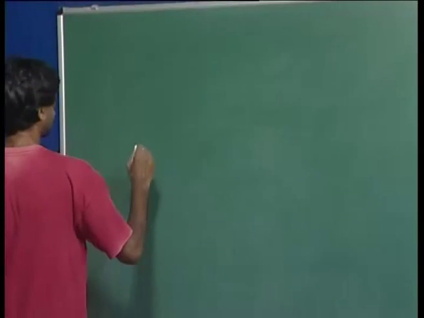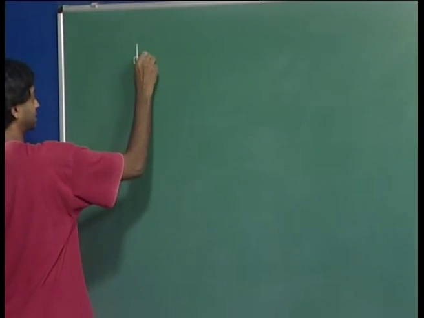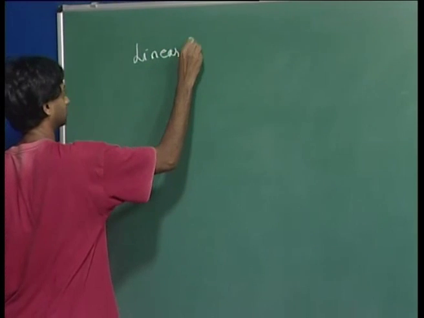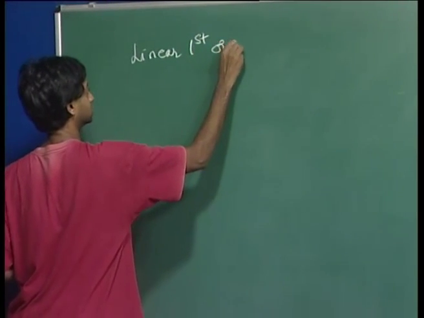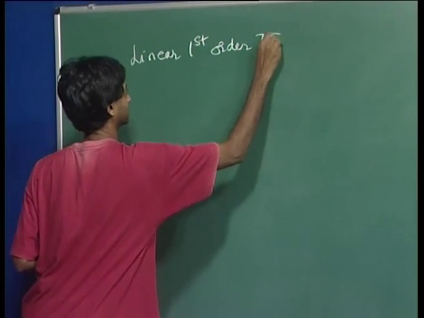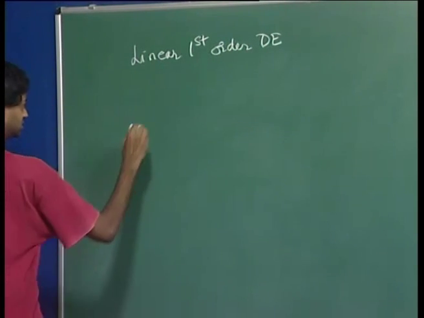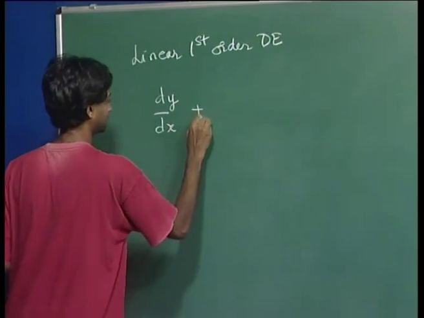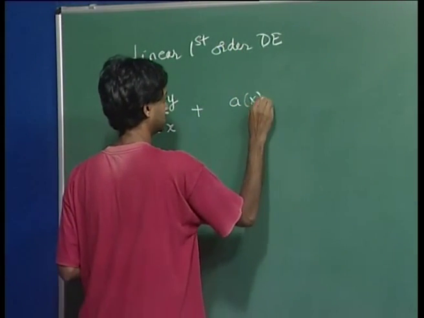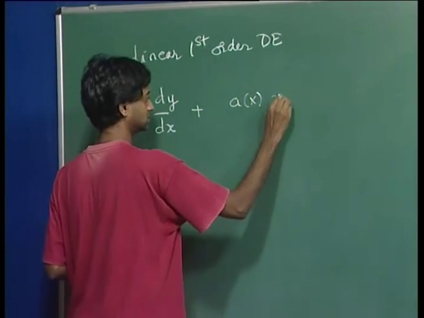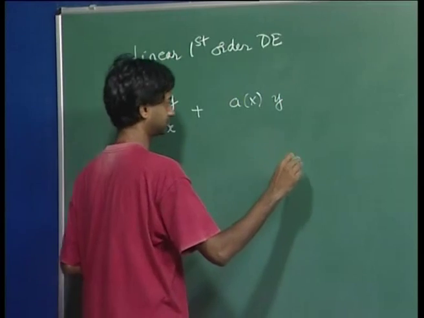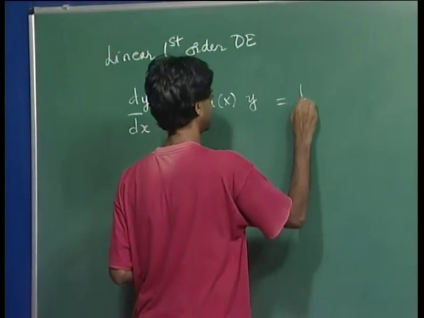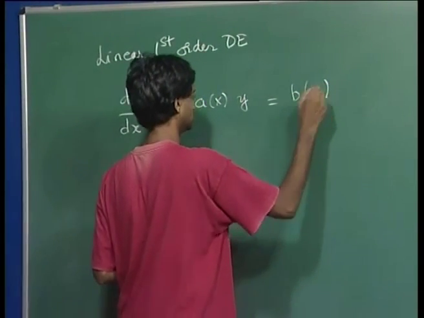Now we can look at a general linear first order differential equation, and this is of the form dy by dx plus a of x into y equal to b of x. Okay.